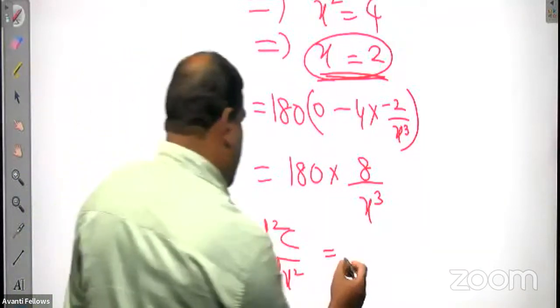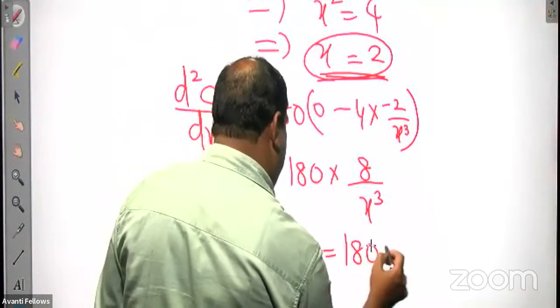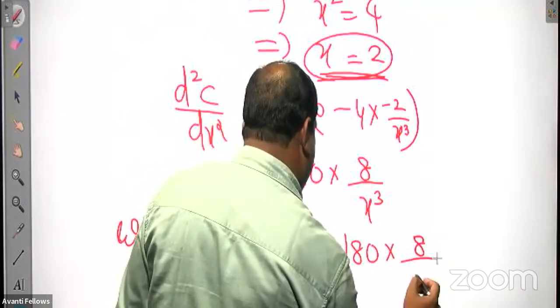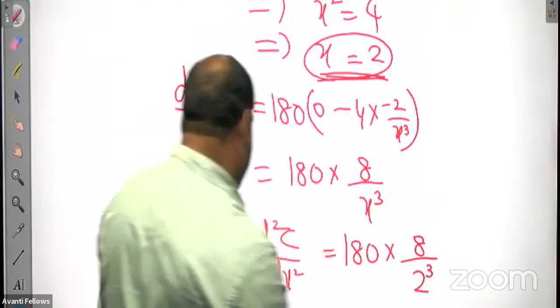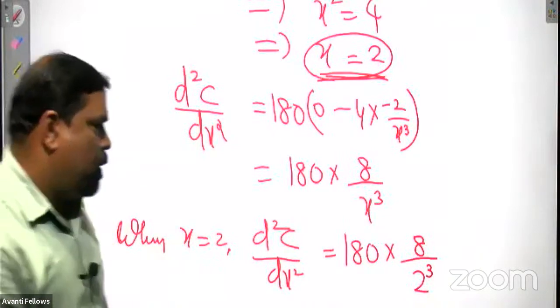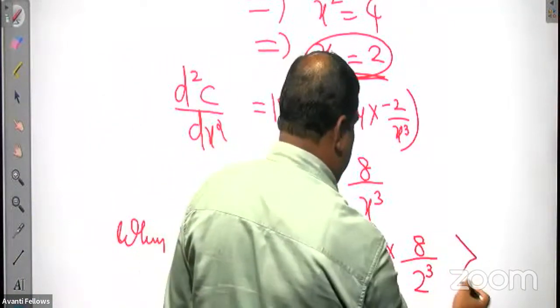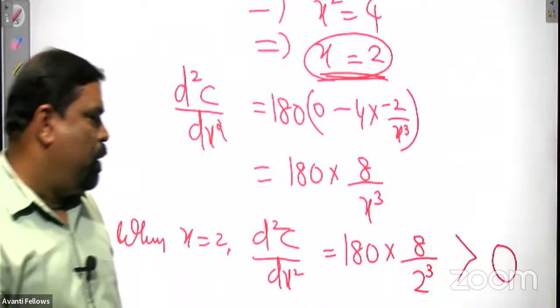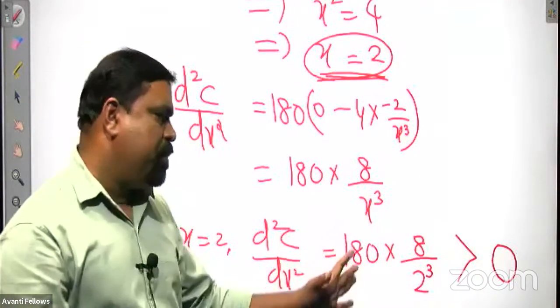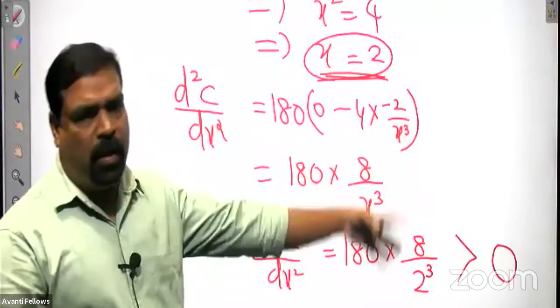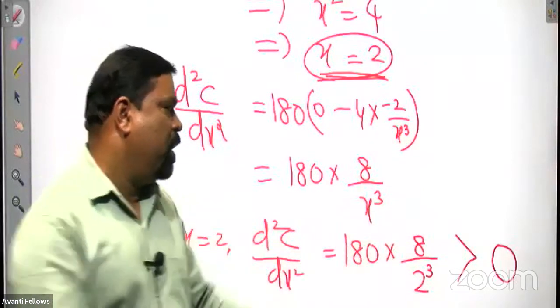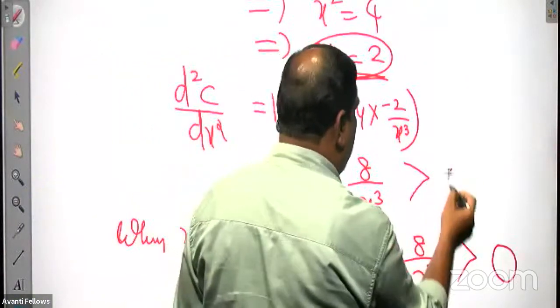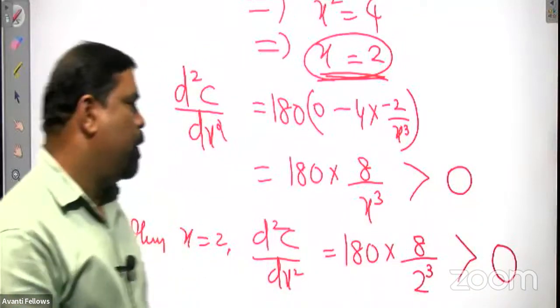So when x equal to 2, what is the value of second derivative? In that second derivative, you put x equal to 2. So very clearly, this is positive only. We need to say whether it is positive or negative. Very clearly, it is positive. From here itself, we can conclude that it is positive only.